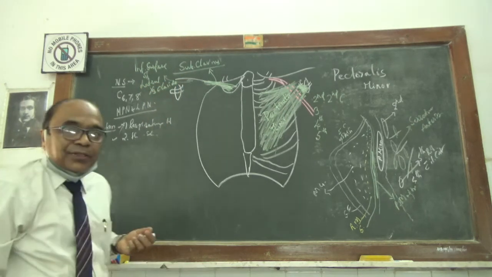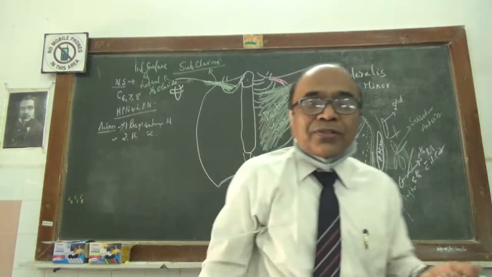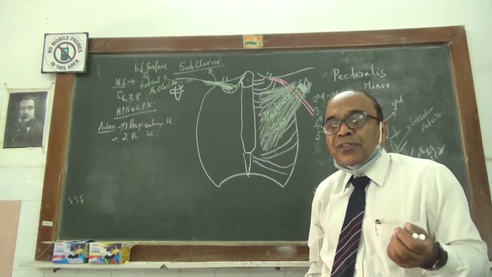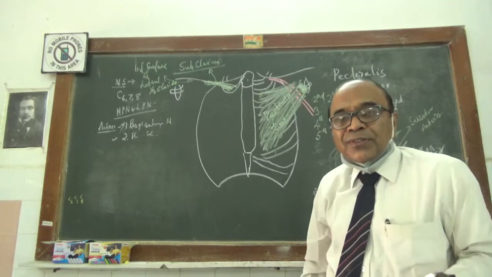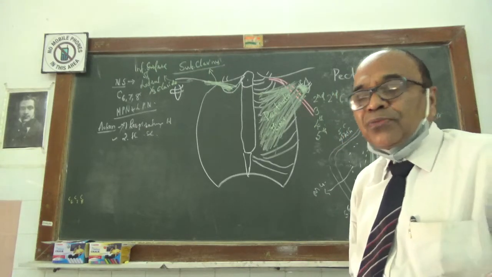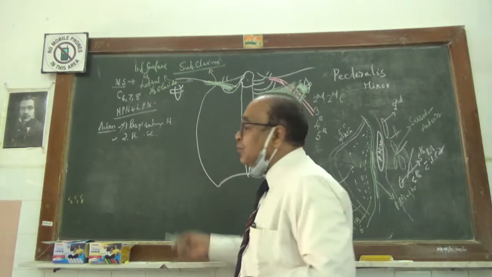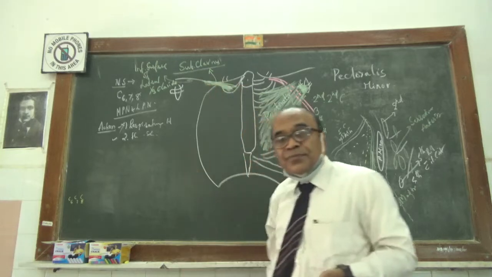So the origin of this muscle is on the superior surface of the first rib. Insertion is to the under surface, or the inferior surface, of the lateral one third of the clavicle.